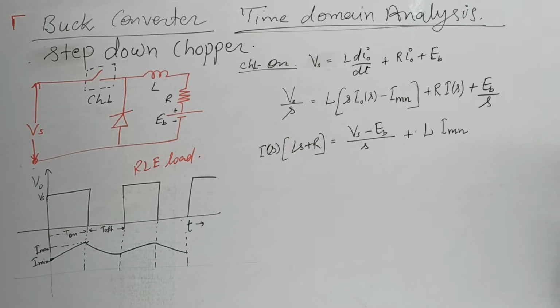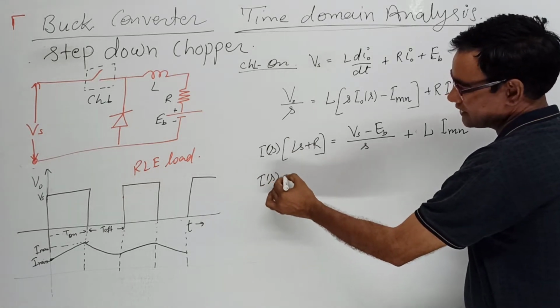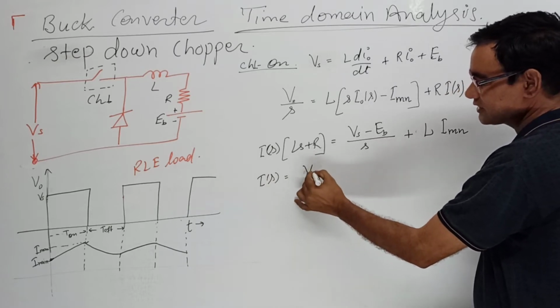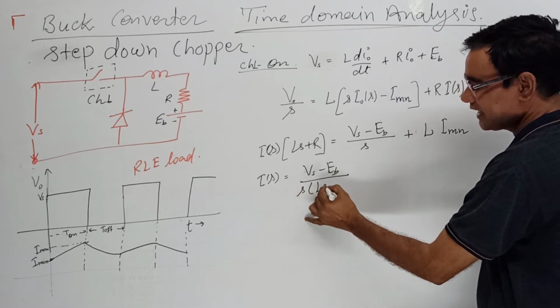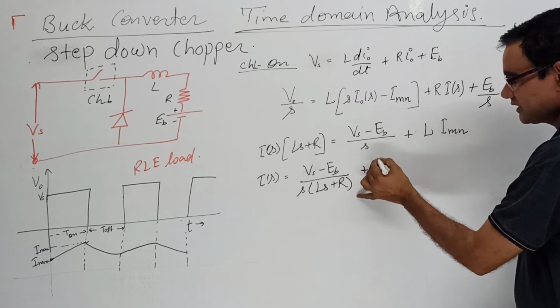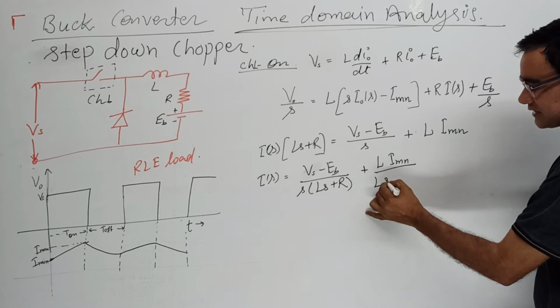Okay, this is the value. So now I of S equals (Vs minus E B) divided by S (Ls plus R), plus L I minimum divided by (Ls plus R).